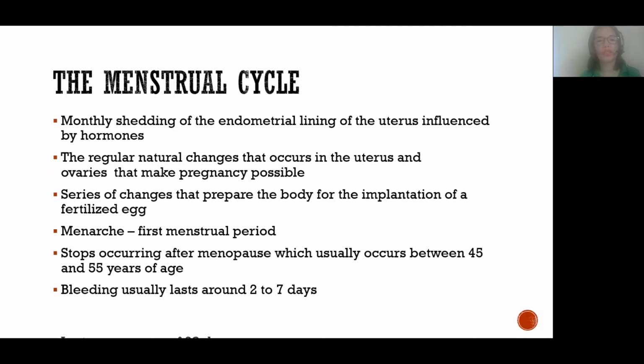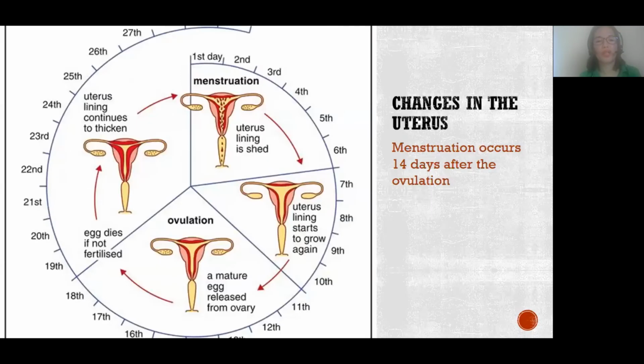Okay? So for the changes in the uterus, again, menstruation happens 14 days after the ovulation, if implantation is not successful.